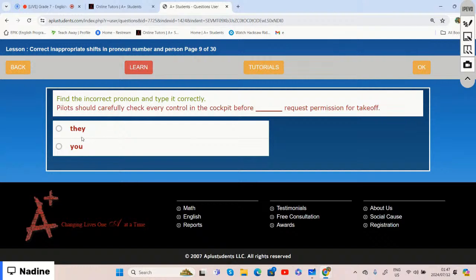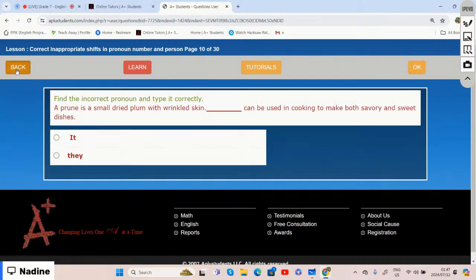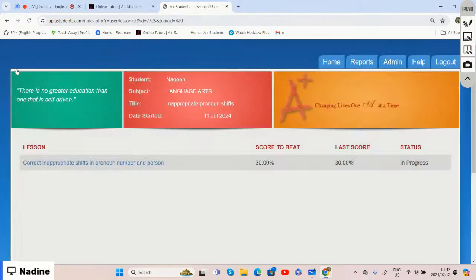All right, so we can then say pilots should carefully check every control in the cockpit before they, because we're referring to more than one, request permission for takeoff. And they is correct. Well done.